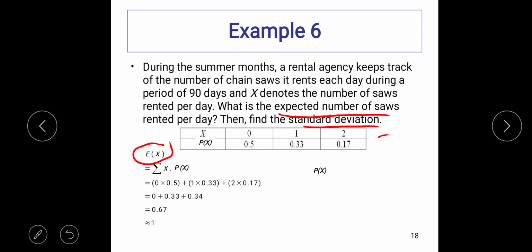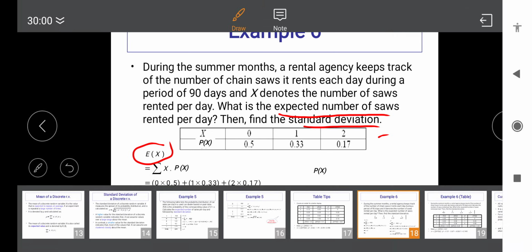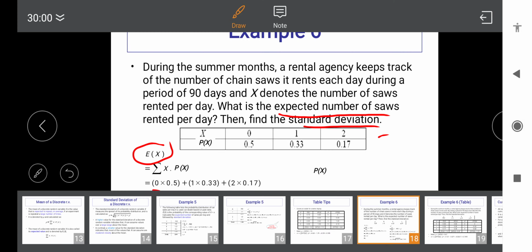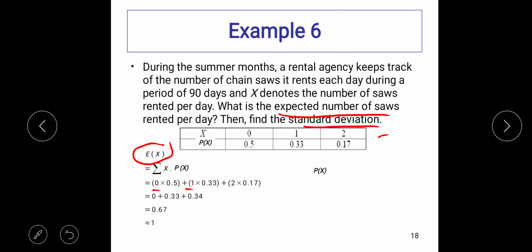Okay, you do for your x 0, you do when your x is 1, and also when your x is 2, and finally you get the actual value of your mean is 0.67, which is approximately 1. So on average you can say there's only one chair rented per day.